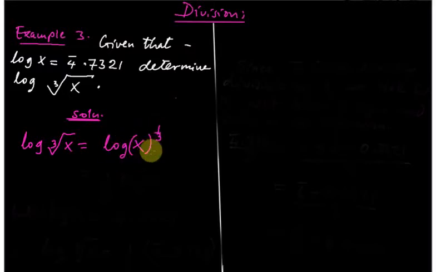So the logarithm of the cube root of x is equal to the logarithm of x raised to 1 over 3.